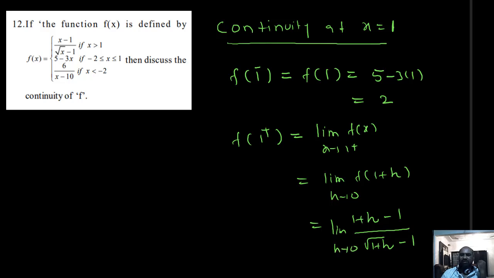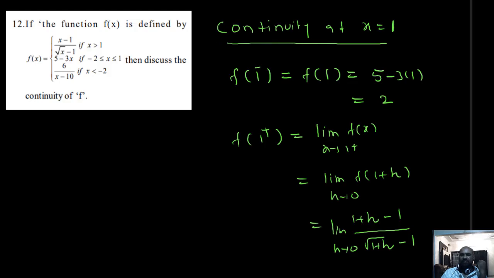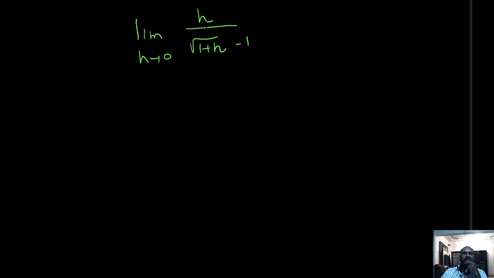Okay, I will write in the next page. So limiting value of h by root over 1 plus h minus 1, h tending to 0, after cancelling these two. So here also after substituting h equal 0, we will get 0 by 0 form. Using L'Hopital rule or using the rationalization concept, we can find the limit. That is not a big problem for us.